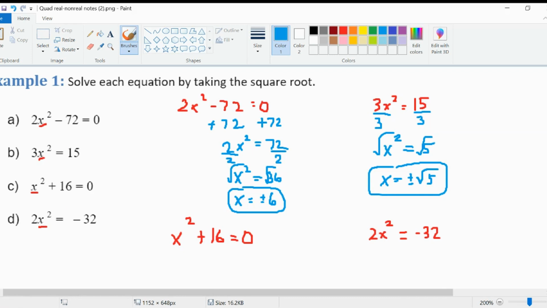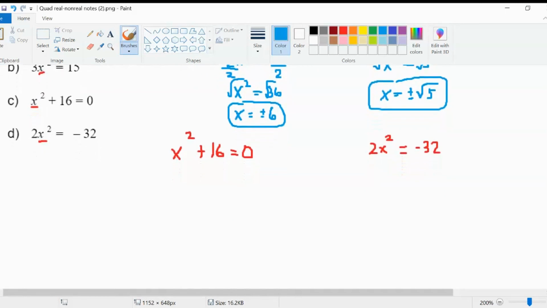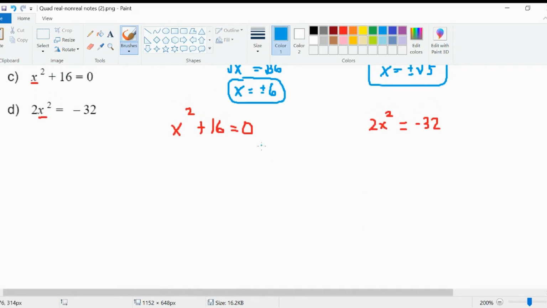Now let's get into two problems that will test our knowledge based on the last couple of days talking about imaginary numbers. So our next quadratic we have is x squared plus 16. I can still solve it using the algebra method, so I only have an x squared term, no x term, so I can use my inverse operations to solve.